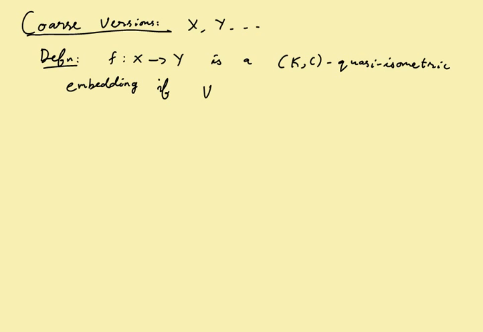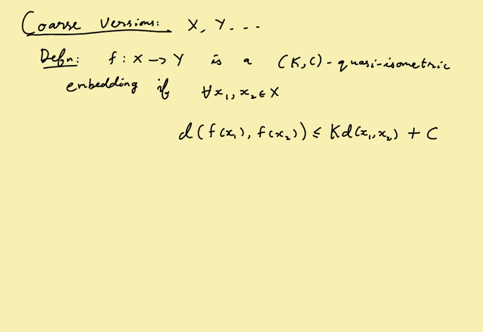For all x1, x2 in x, the distance between f of x1 and f of x2, now instead of being equal to the distance between x1 and x2, is sandwiched between multiples of the distance between x1 and x2, allowing a scale, but then we also allow something else, which is an additive constant.